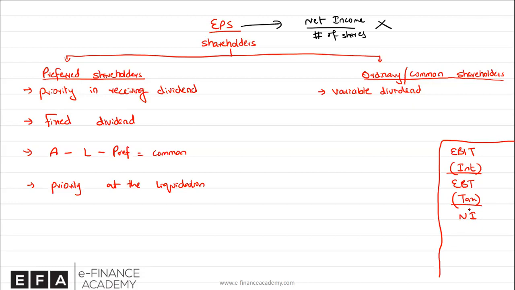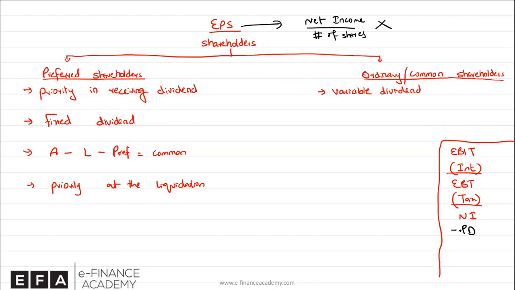And as we said, who gets paid the dividend first from the net income, and who has a fixed dividend? That's preferred shareholders. So from this profit first, preferred shareholders are paid preferred dividend. So PD here refers to the preferred dividend.